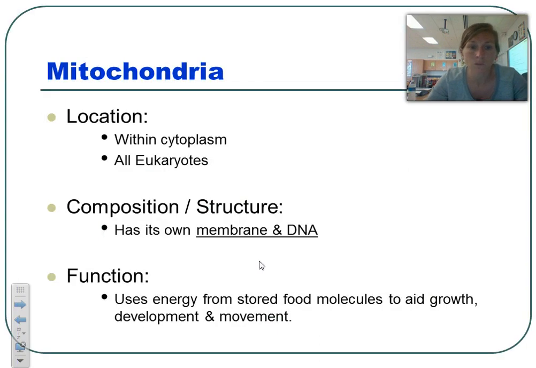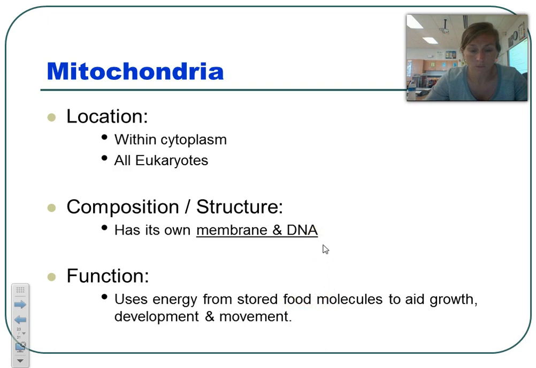The mitochondria are within the cytoplasm and in all eukaryotic cells. Many people make the mistake of thinking that they are only in animal cells, but they are also in plant cells. If you want to circle letter L in the previous plant cell, that is pointing to the mitochondria there. And in the animal cell, the row for mitochondria is number 9, which is what you will need to circle there.